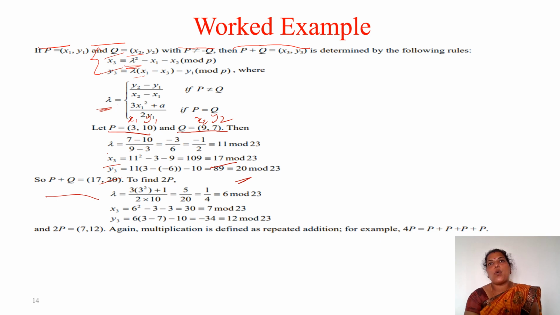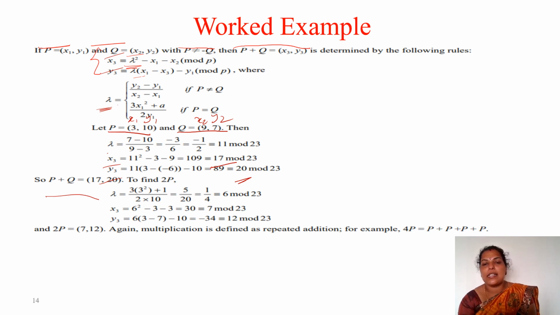Then suppose we want to find 2P, how do we do it? Again we perform the same computation for 2P. Here we know the P value, so we substitute into the formula and get a value.